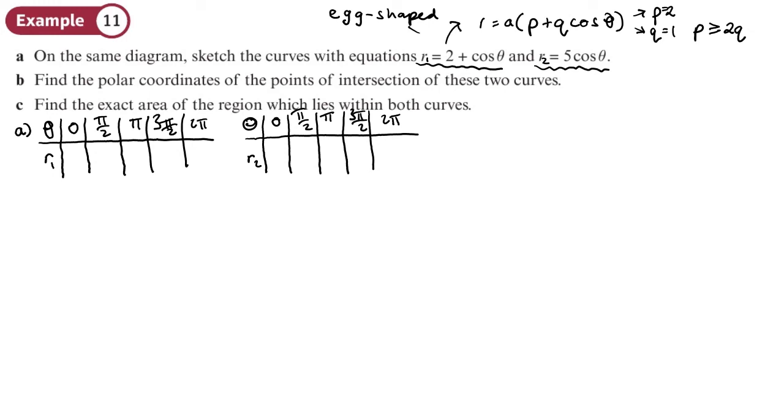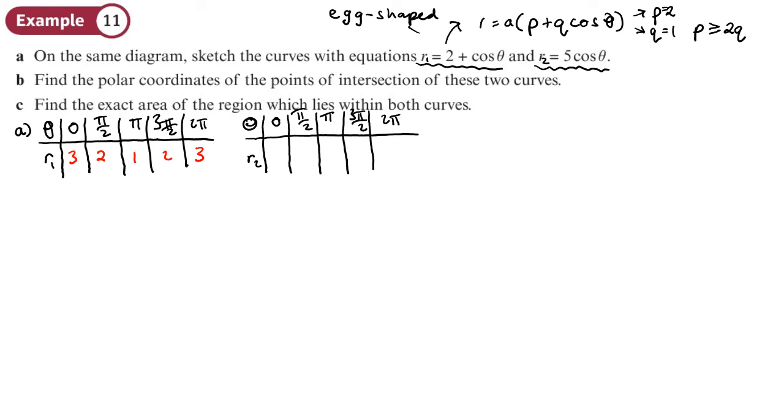Now to do this nice and quick, I've just gone into the table function on my calculator and typed in the function, but just put x where theta is, so 2 plus cos x, and told it to start at 0, finish at 2 pi, and I've got a lovely set of values which I can just copy down. So 3, 2, 1, 2, and let me just scroll down for 2 pi, which is 3.